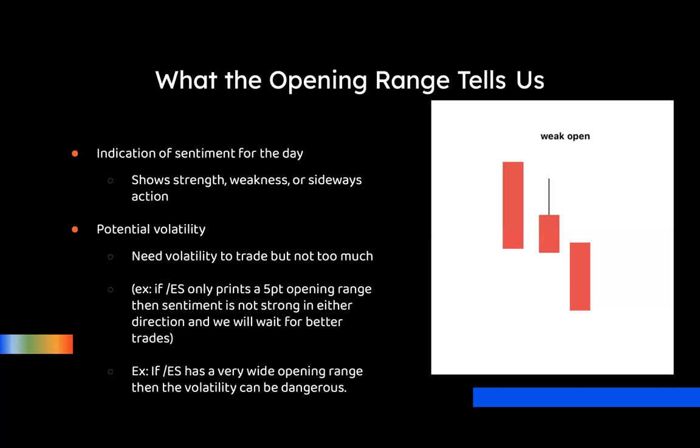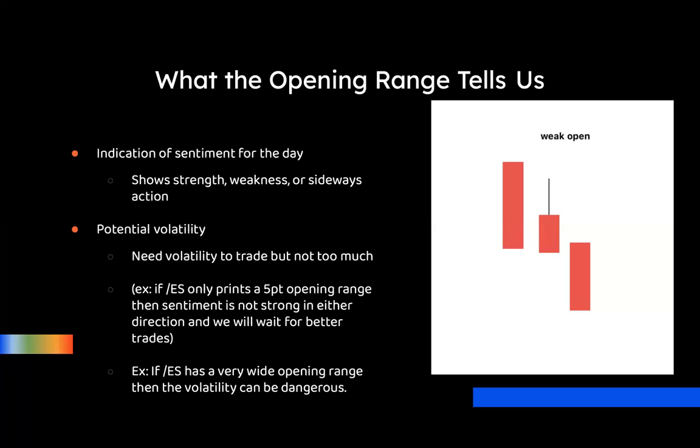So for example, if the E-mini only has a 5-point range in the opening 10 to 15 minutes, that shows us that sentiment isn't really that strong in either direction, and we're probably not going to get involved. When we see a sideways open, it's not something we want to get involved in. We want to wait for a better opportunity. So trading the open is all about patience and all about seizing the moment.